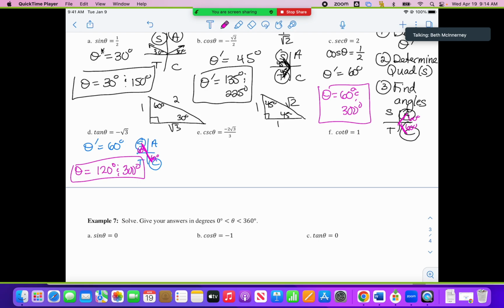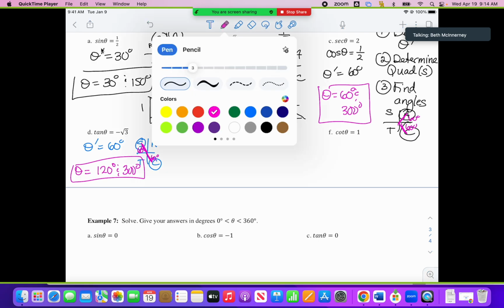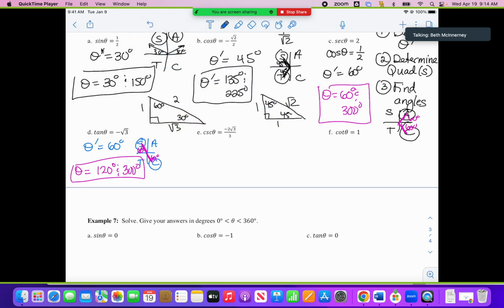Okay, so, all right, letter E. This one's a little bit tricky. Cosecant equals negative 2 square root 3 over 3. All right, that's perplexing, but what do I know? Cosecant is the reciprocal of sine. So I'm going to flip this over.